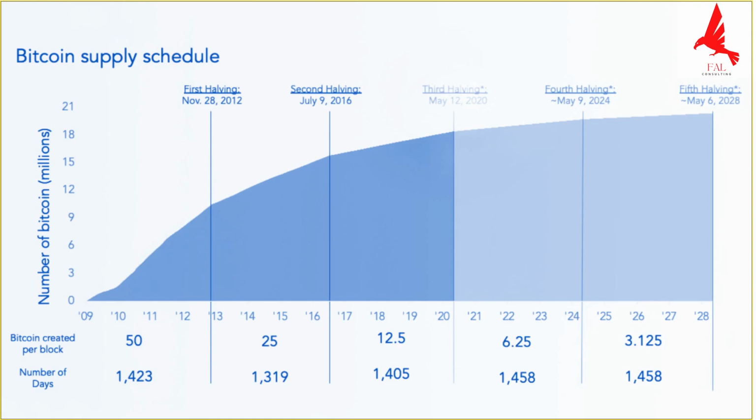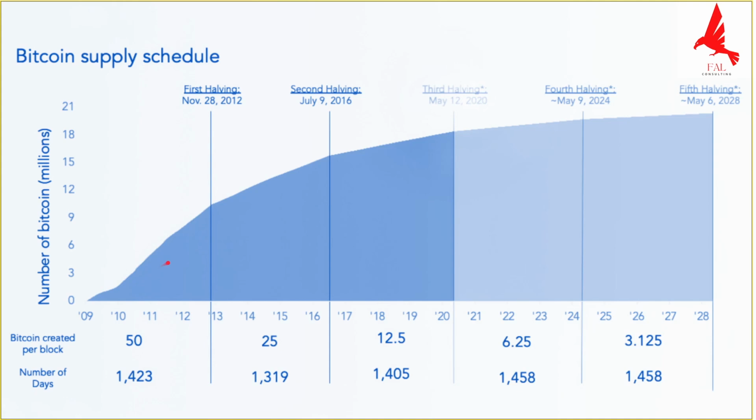Taking a look at other metrics. So this is Bitcoin's supply schedule. This is the schedule for the amount of Bitcoin that will be produced or created over time. Since its creation in 2009, we see the rate of its creation slowing down.